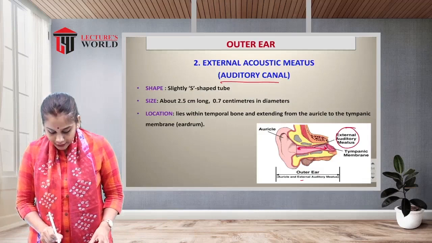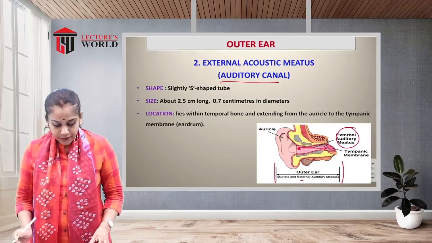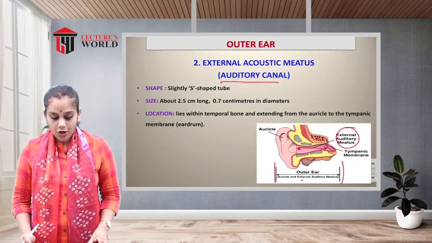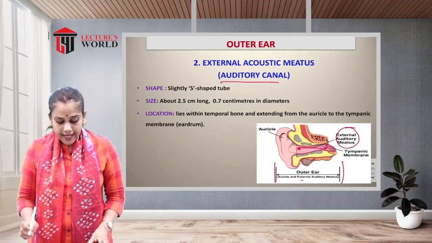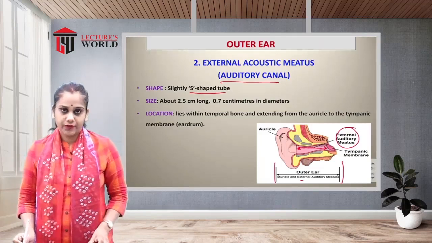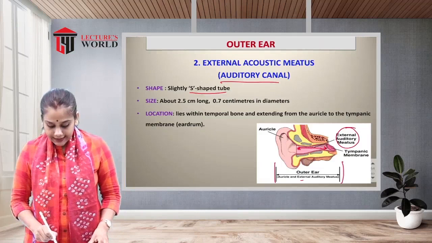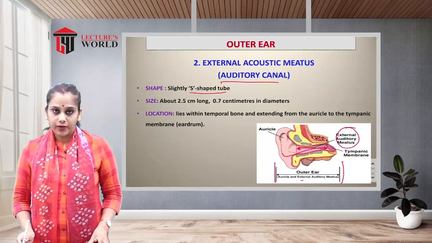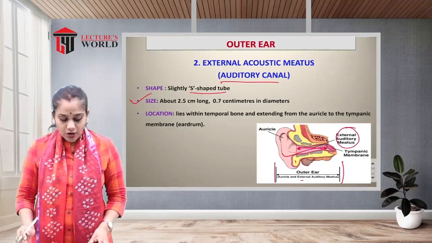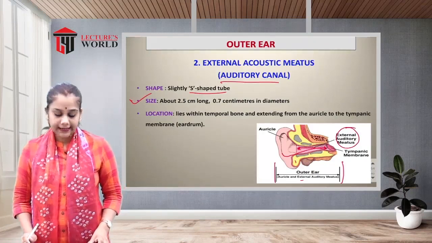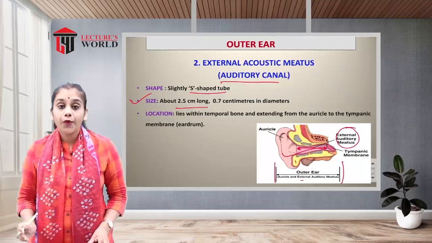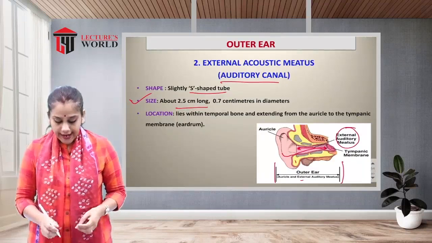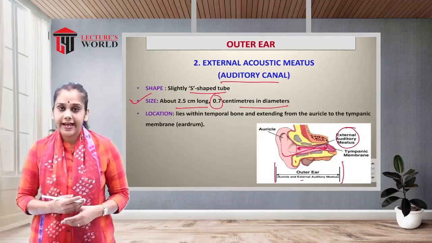The shape of the auditory canal is slightly S shaped. You can see this is the S-shaped tube. The size of the auditory canal is about 2.5 centimeters long and 0.7 centimeters in diameter.